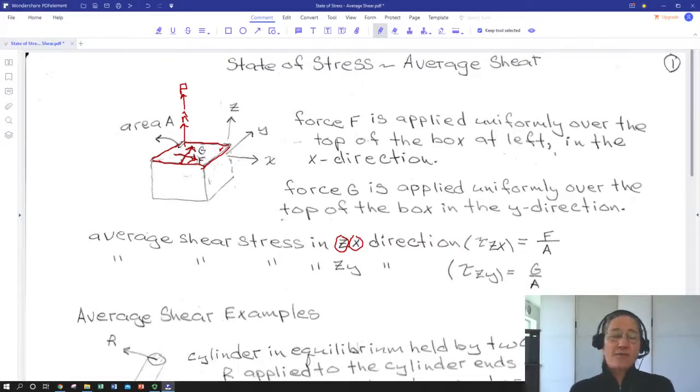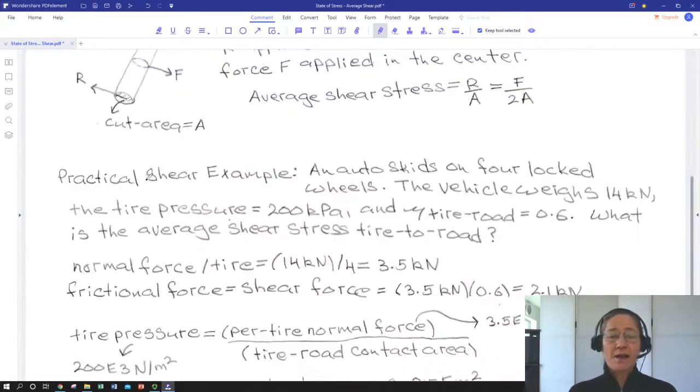Generally, if you're looking at loading of, say, the end of a bar or the end of a face, the distance from the end at which you'll get a uniform stress, so the average is equal to the stress at any point, is roughly equal to the largest dimension you're looking at. That's an assumption we're making when we say average shear.